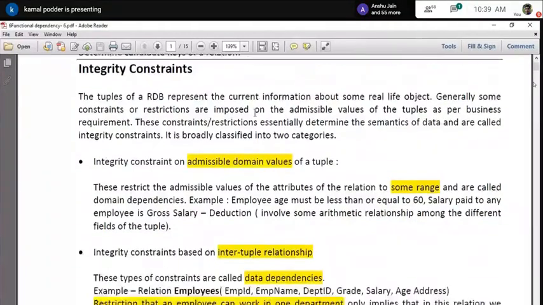You have already seen integrity constraints: what they mean and how we implement them at the database level with the help of SQL.